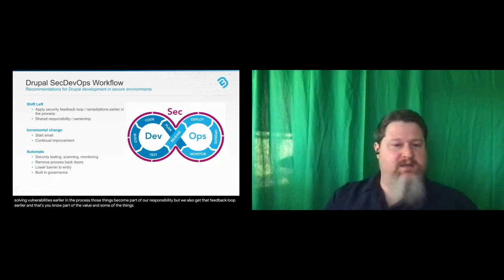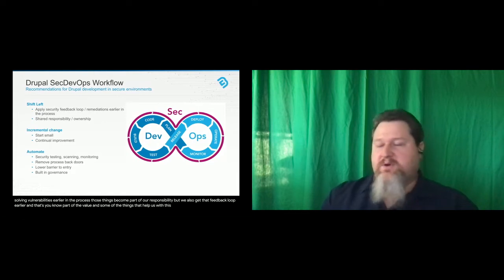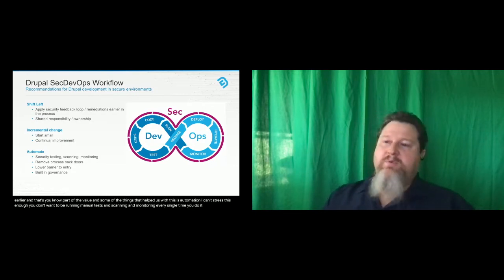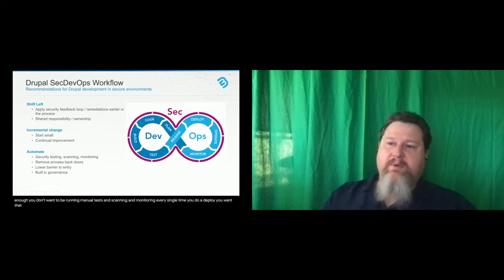And some of the things that help us with this is automation. I can't stress this enough. You don't want to be running manual tests and scanning and monitoring every single time you do a deploy. You want that to be automated. But what that also does is it removes process backdoors.